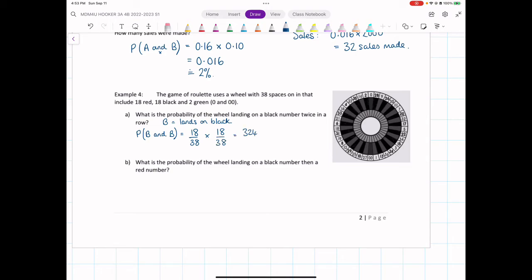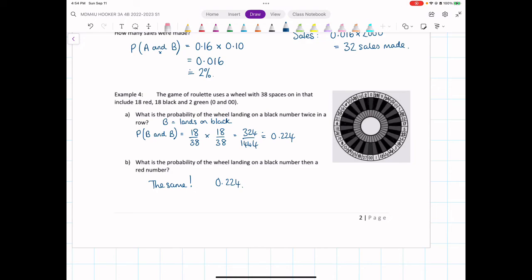Which is 324 out of 1,444, which is approximately 0.224. So about 22%. What's the probability of the wheel landing on a black number then a red number? That would be the same, right? Because there are 18 red spaces too. So it would still be 0.224.